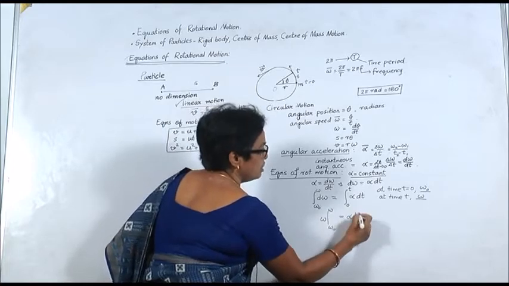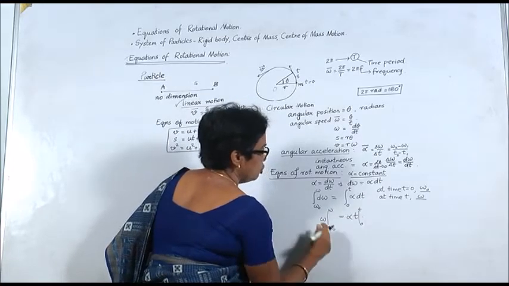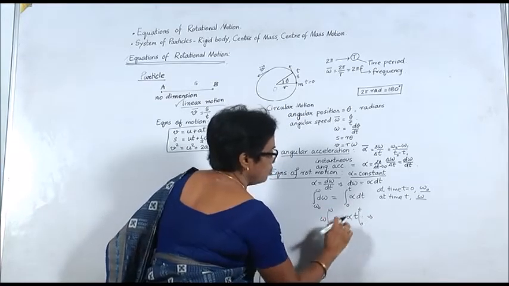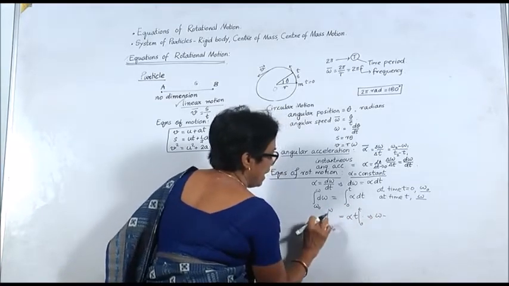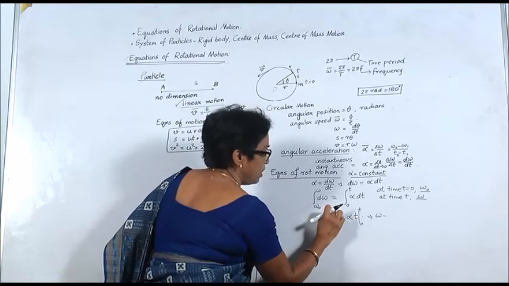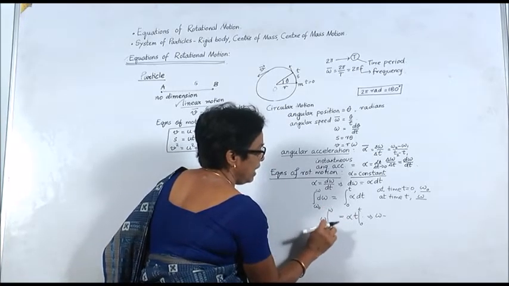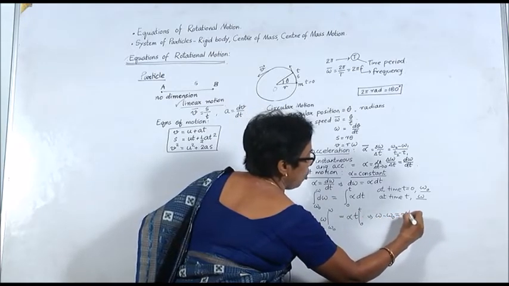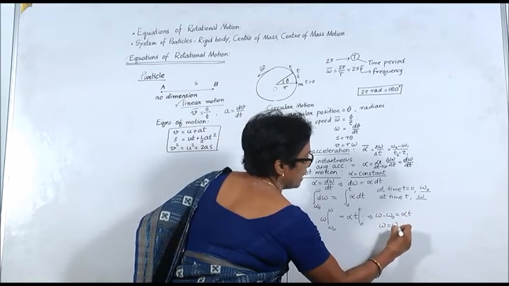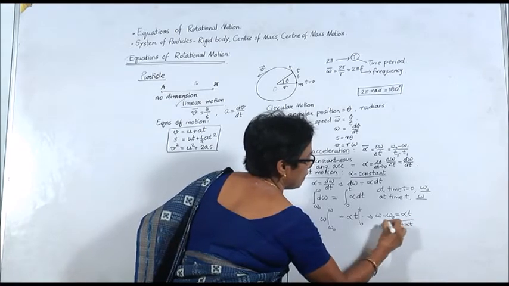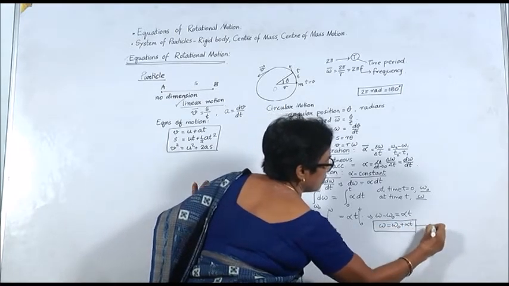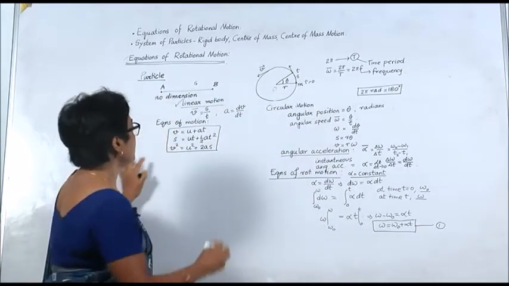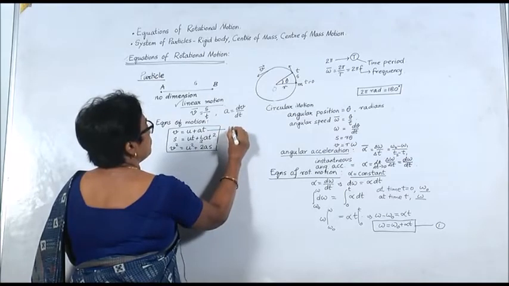Putting in the values, I get omega minus omega 0, the value of omega at the upper limit minus the value at the lower limit, equals alpha t, or omega equals omega 0 plus alpha t. So, this is my first equation. Compare this with v equals u plus at, which was the equation here.